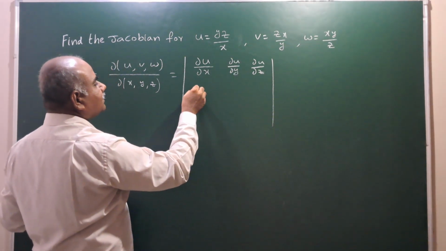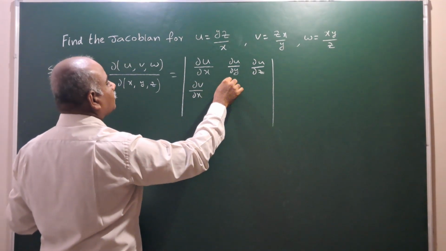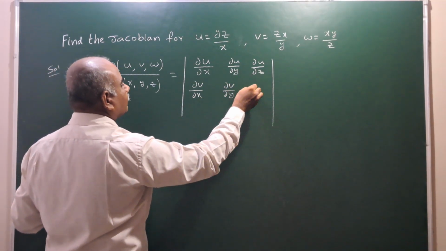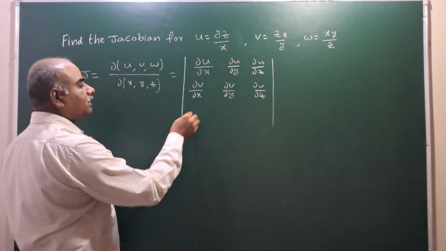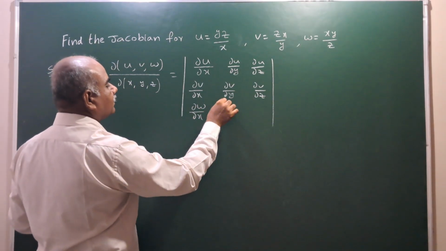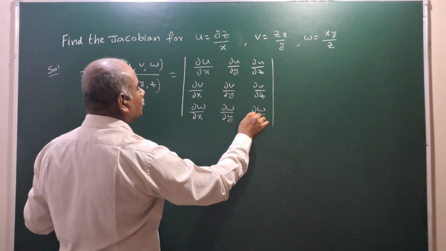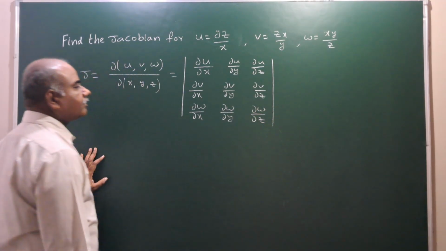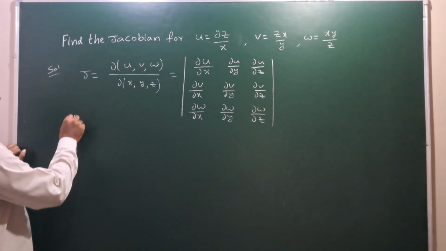The second row contains the partial derivatives of v, ∂v/∂x, ∂v/∂y, ∂v/∂z. The third row contains the partial derivatives of w, ∂w/∂x, ∂w/∂y, ∂w/∂z. Okay. Now let us substitute the partial derivatives.